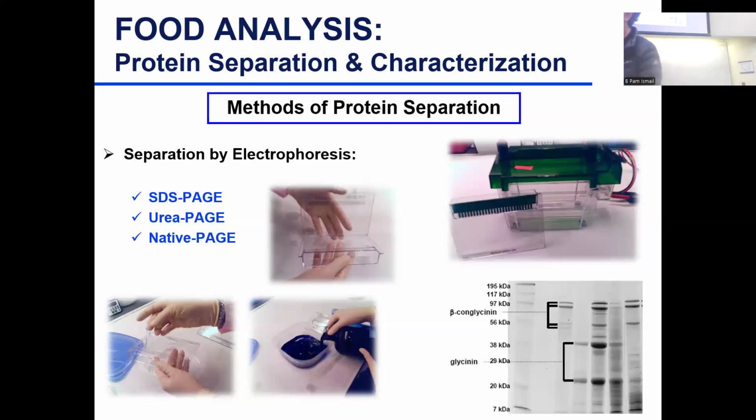Usually you can run 2 cassettes at the same time, and then you fill with what we call running buffer. Once your compartment is filled with buffer, then you can ease out the comb so that your wells don't collapse on each other. Then you can load your samples and connect this to a voltage unit, where you run voltage and all the proteins will move in one direction, from negative to positive.